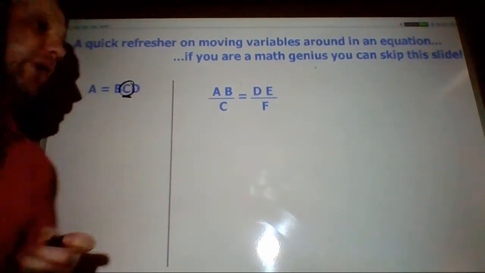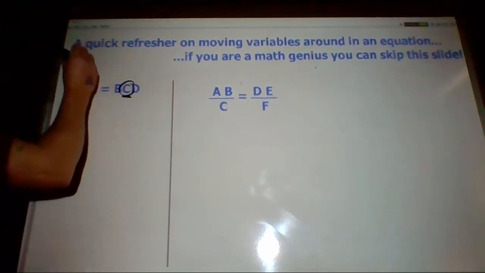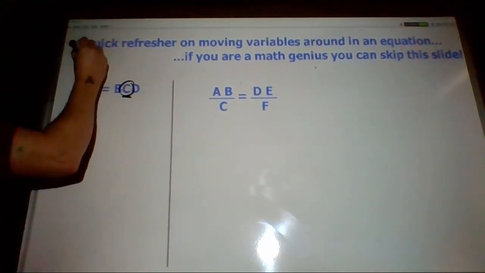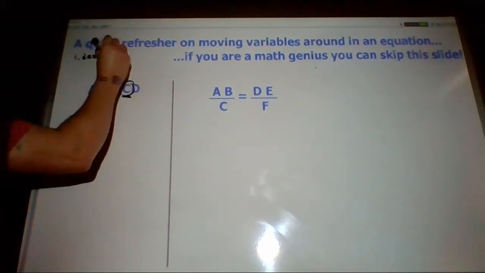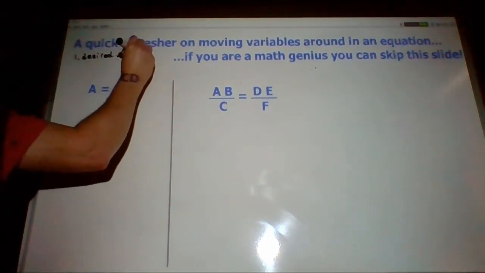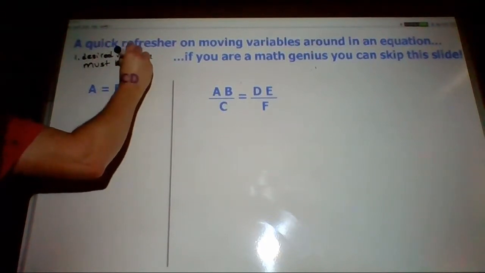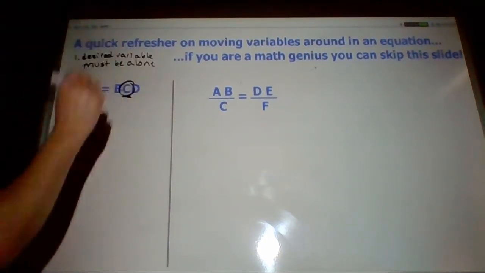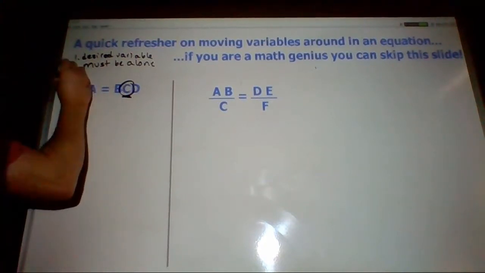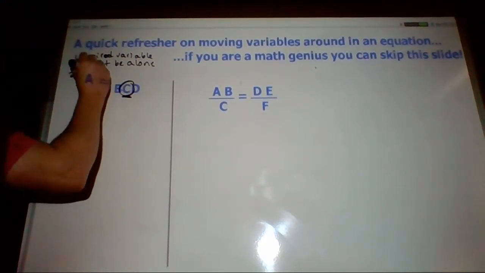When you're done with an equation, there are 2 things that have to be true. Number 1, the desired variable must be alone. And second, and most important, the desired variable must be on top.